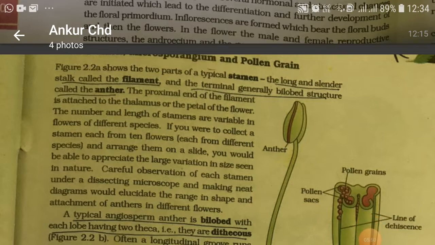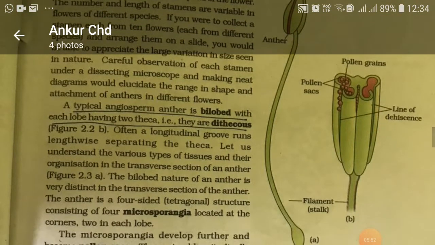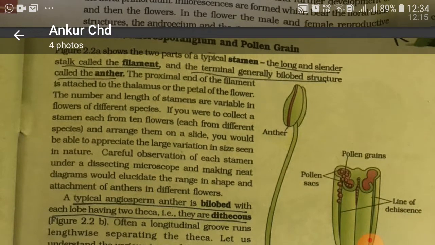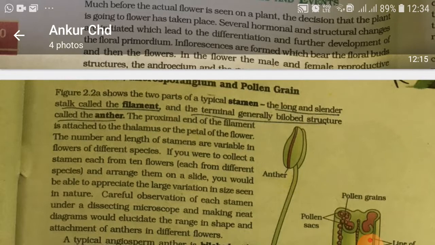It consists of the anther and a long filament. We'll take up the anther part first. The anther is mostly bithecous. It has a bilobed structure and it is bithecous.